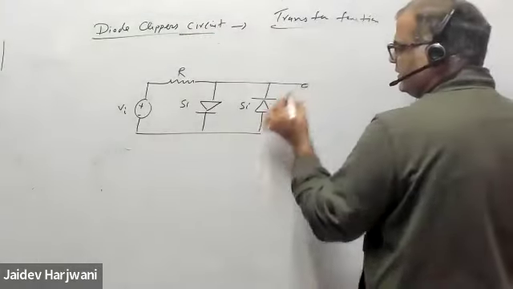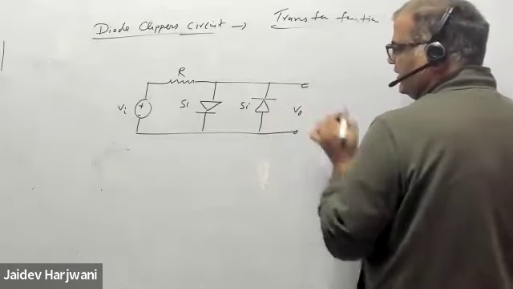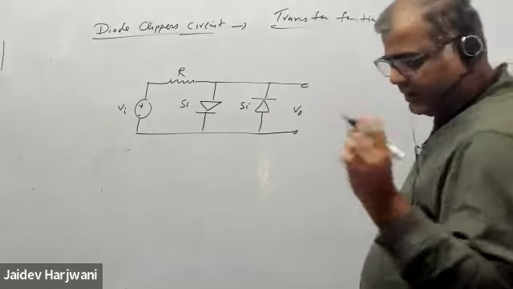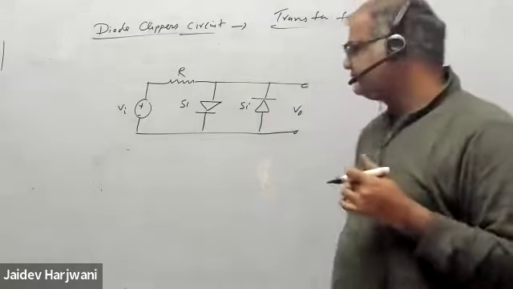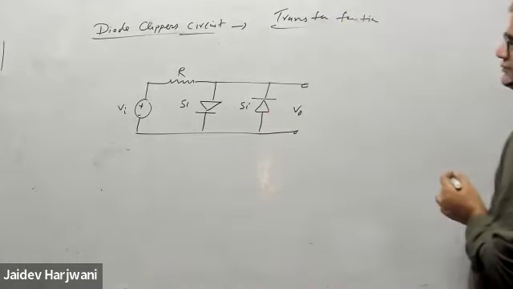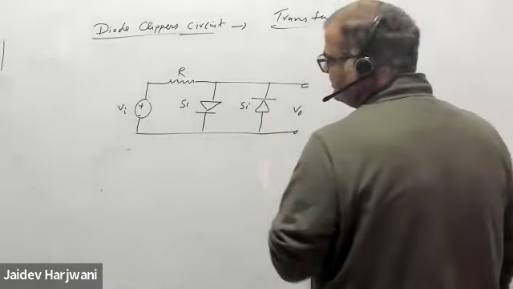Here you have a voltage here. Plot the graph, how it will come. The silicon means 0.7, 0.7.